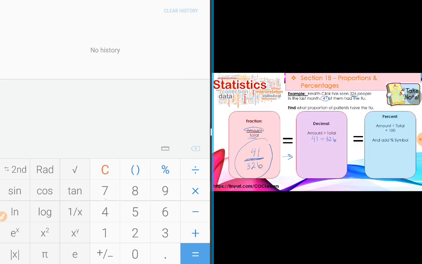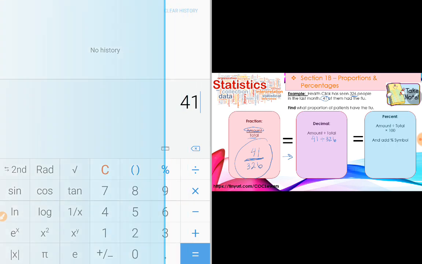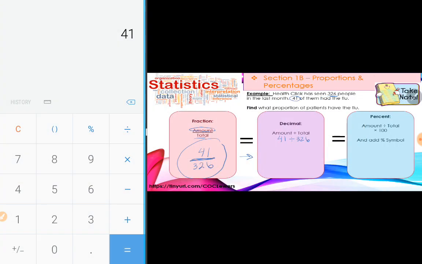So I do 41 divided by 326, and then equals, and I get my decimal. Now this decimal is a little tricky because where do we round it? Let's say we want to round to the thousandths place.